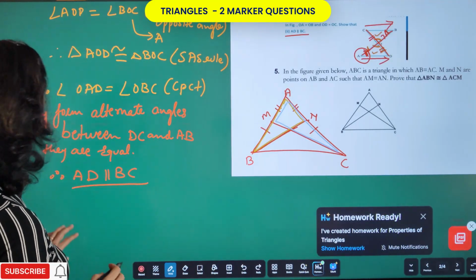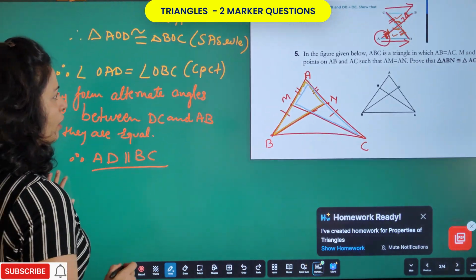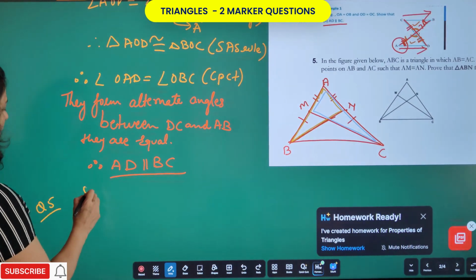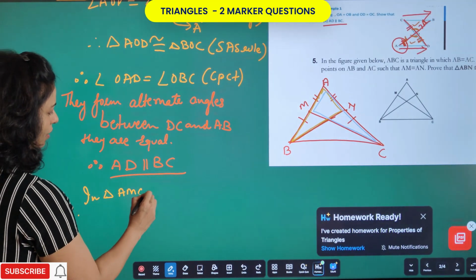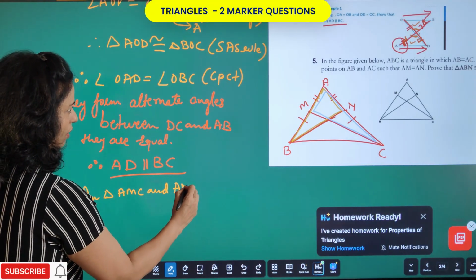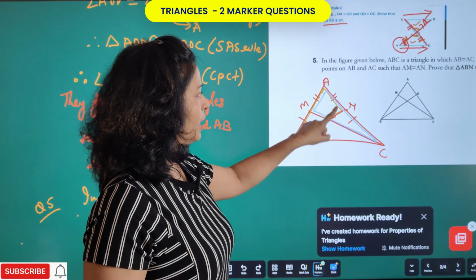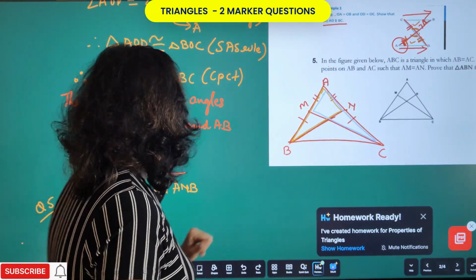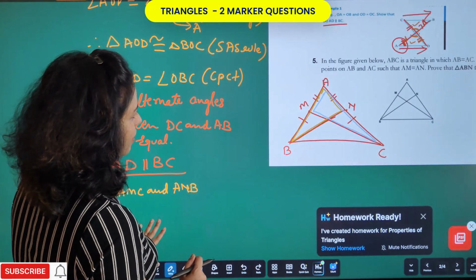Okay, so how do we get the congruency here? So here we'll take, in triangle AMC and ANB. Okay, if you can see, marked with yellow one triangle and with blue one triangle. So AMC and ANB.